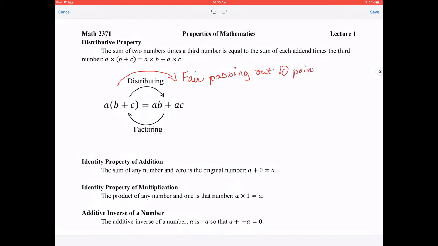So if you want to give 10 points to your class or 10 points to everybody, then you want to be fair to everybody, not just to the first person on the roll. Again, factoring is going the other direction. So if you're going this way and you made a mistake, and so you want to take off a question.